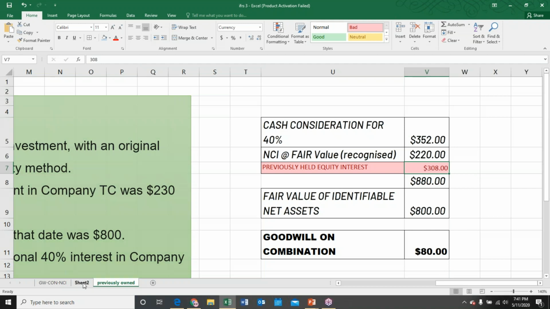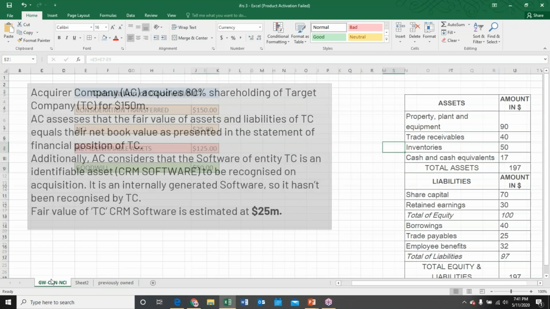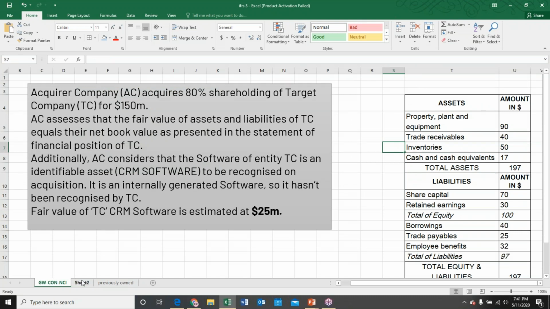So any doubt in these two types of acquisition, the calculation of goodwill, or the calculation of NCI, that is my non-controlling interests? If anyone has an issue in the amount calculation, where each amount comes from, or any questions from the slide or presentation?